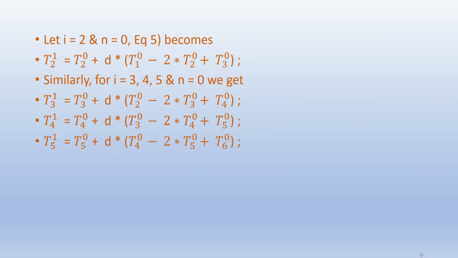Accordingly, let i equal 2 and n equal 0. Equation 5 becomes T2^1 equals T2^0 plus D times T1^0 minus 2 times D times T2^0 plus T3^0. Similarly, we can get equations for i equals 3, 4, 5 and n equals 0 as shown here.